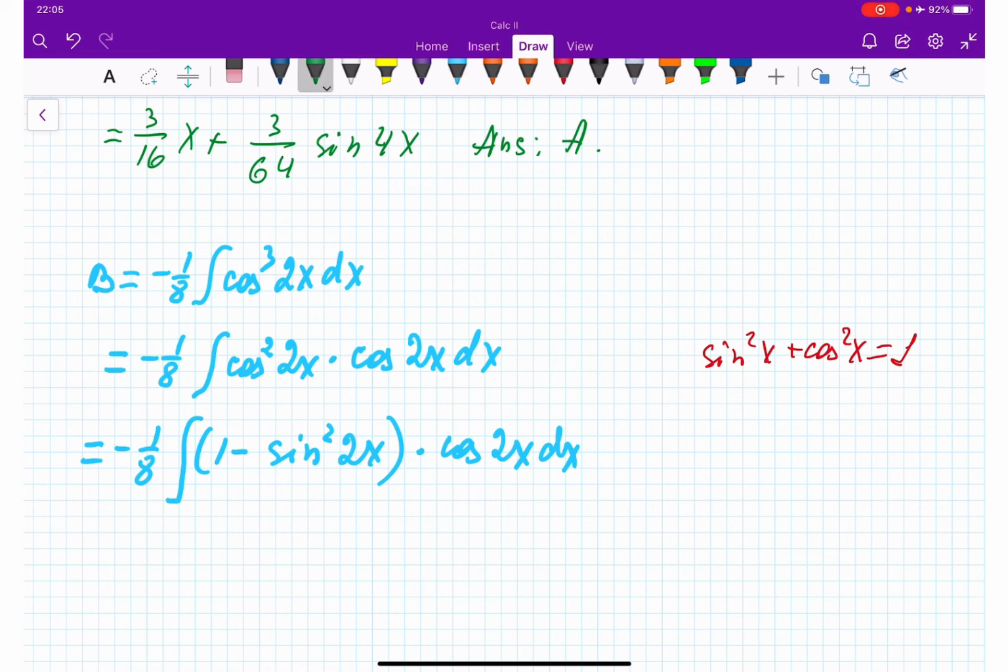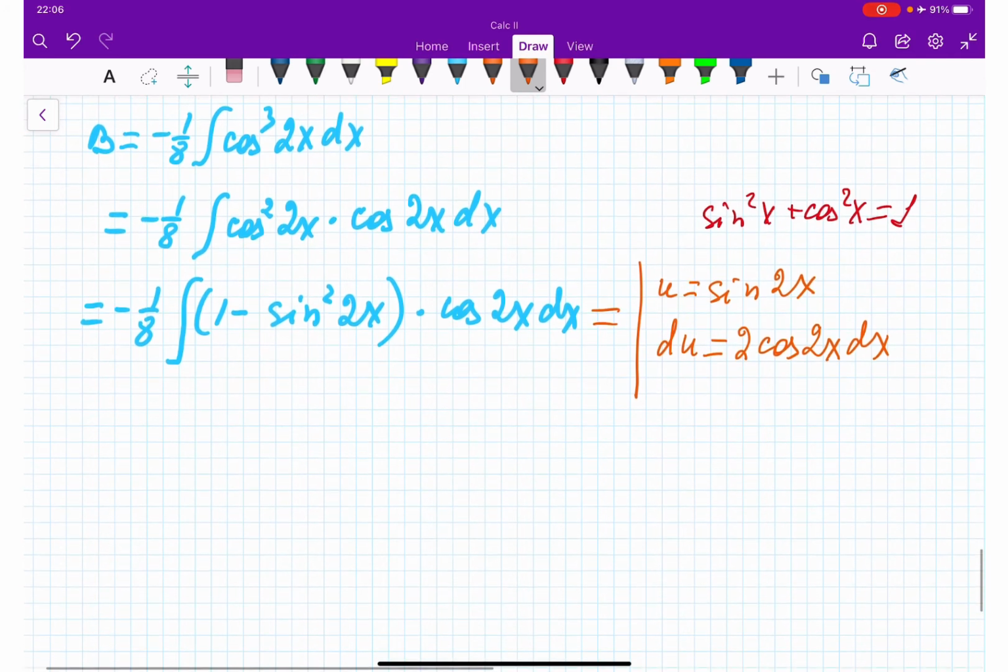So for substitution, my u is going to be sine 2x, and accordingly, du is going to be 2 cosine 2x dx. Don't be surprised why it's 2 and not 1/2, because this is the derivative.